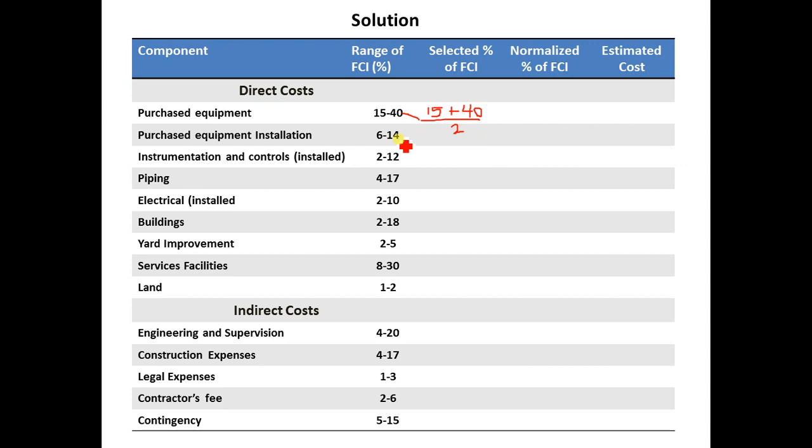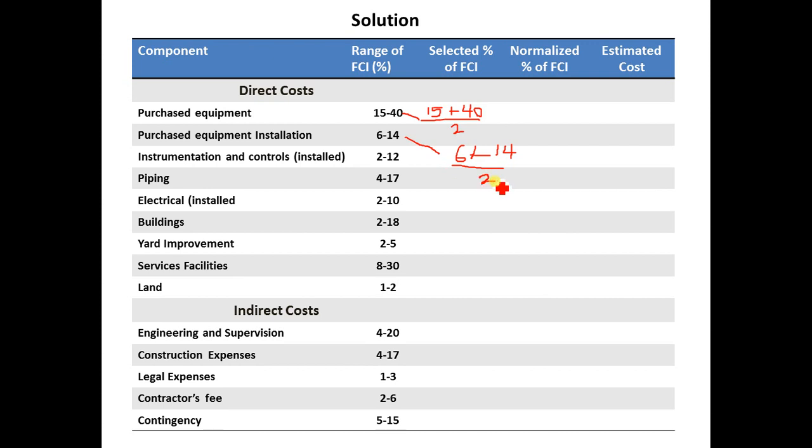The percentage of purchased equipment installation is going to be 6 plus 14 over 2.